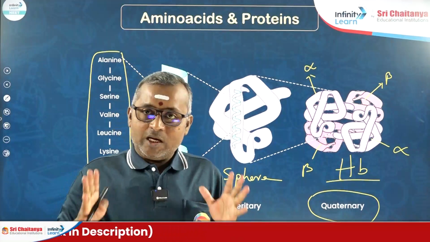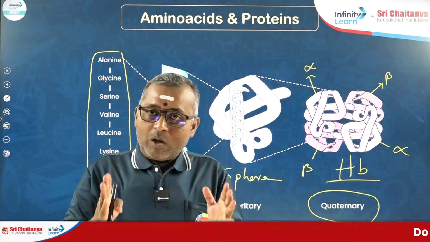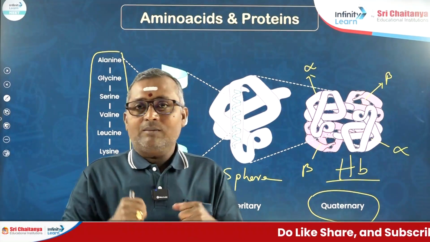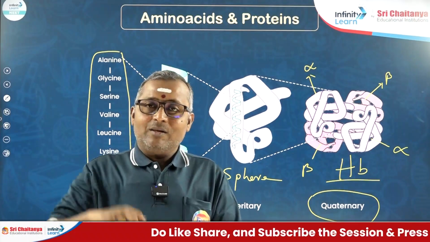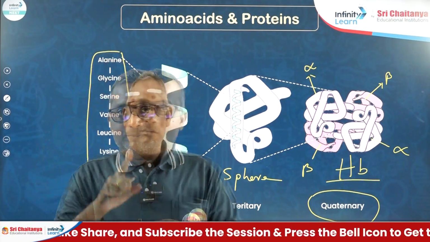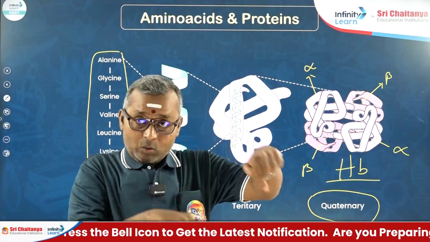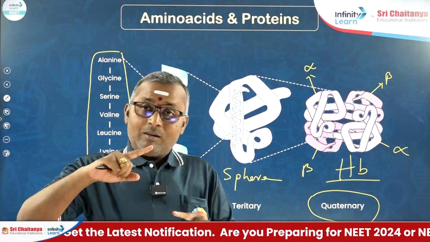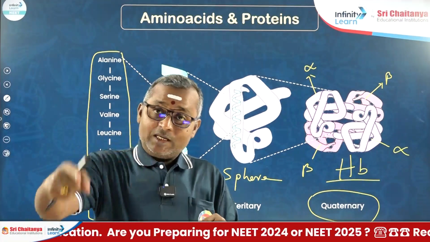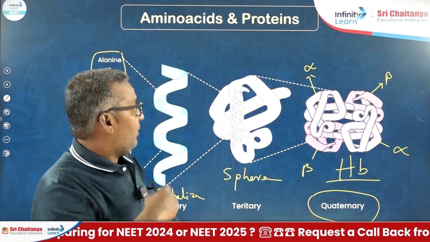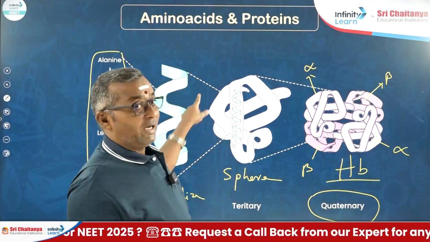So proteins are heteropolymers. The building blocks of proteins are amino acids, and amino acids are linked by peptide bonds. When this primary structure of a protein is folded, you will get hydrogen bonds, and that leads to the secondary structure. When it is refolded it forms a tertiary structure.